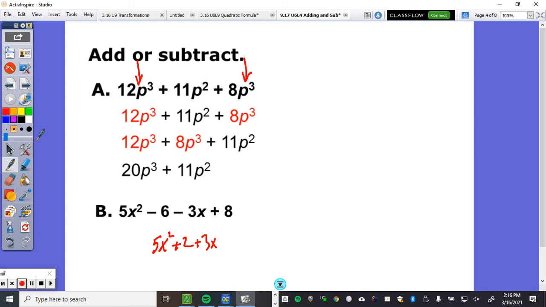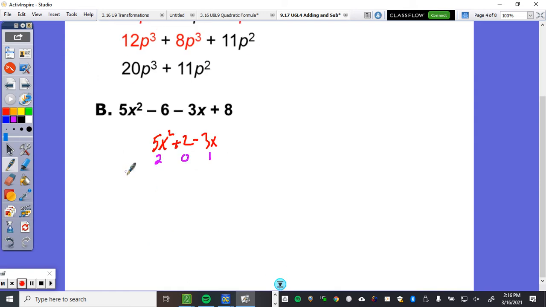Because this has a degree of 2, this has a degree of 0, and this has a degree of 1. All right, so when you reorder this in standard form, the largest degree goes first, then the next largest to the smallest.